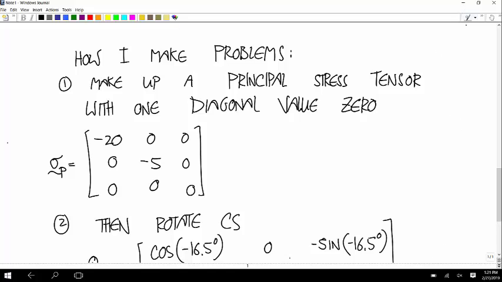Curious what, are you going to ask us a problem like this, for instance, what values are? Yeah, probably. And how do we do that?